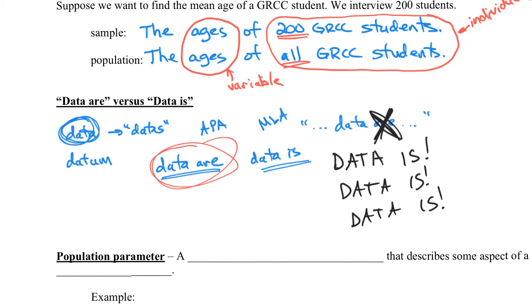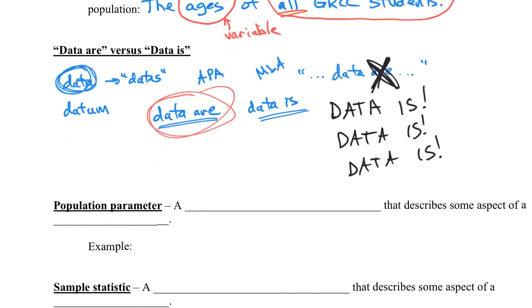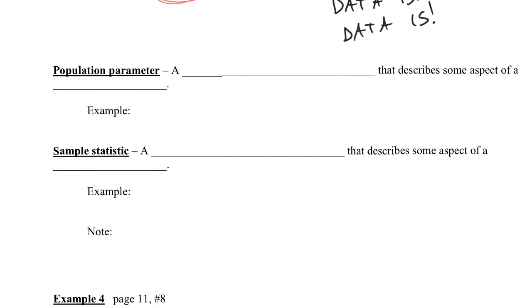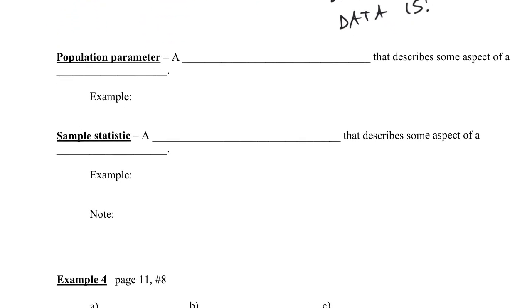Okay, moving on to more definitions. Population parameter and sample statistic. Okay, a population parameter is a numerical measure that describes some aspect of a population.